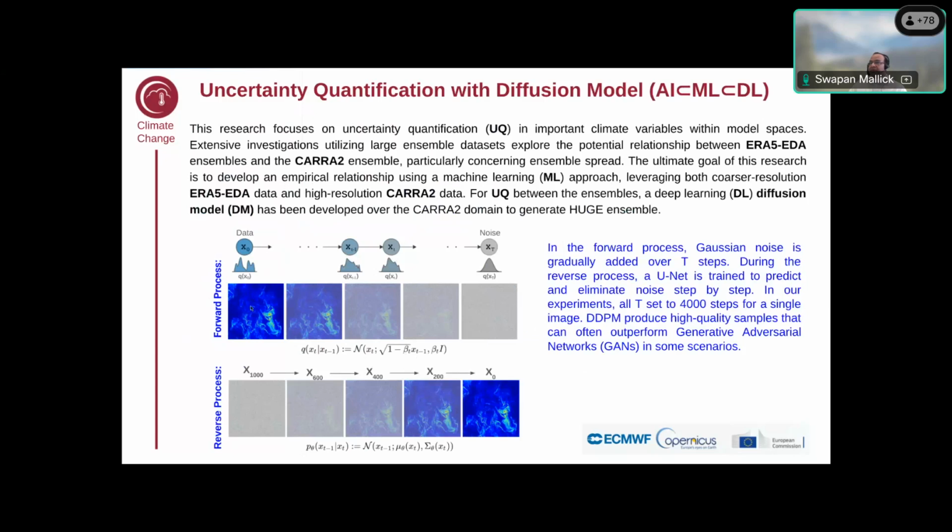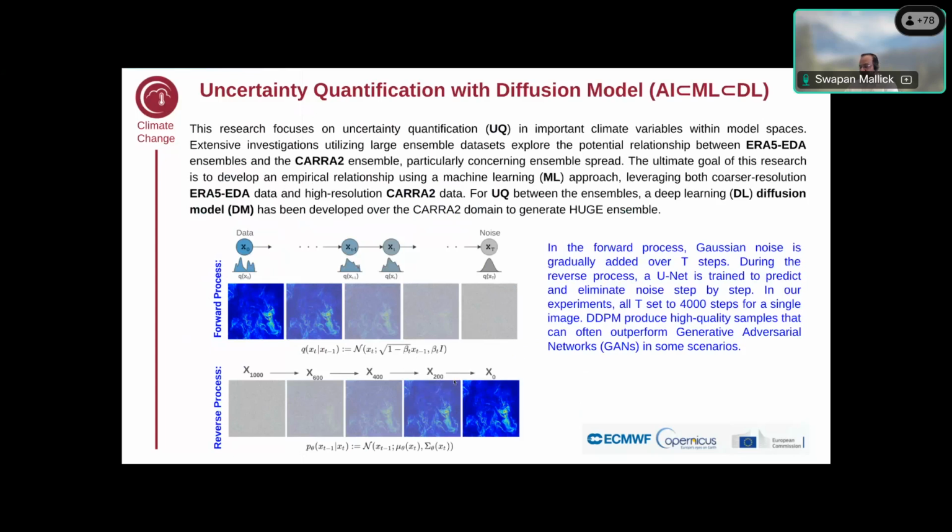In the forward process, we use the data, and at each step it adds some noise, and the final stage is fully Gaussian noise. In the reverse process, it calculates the noise distribution and generates the actual data.